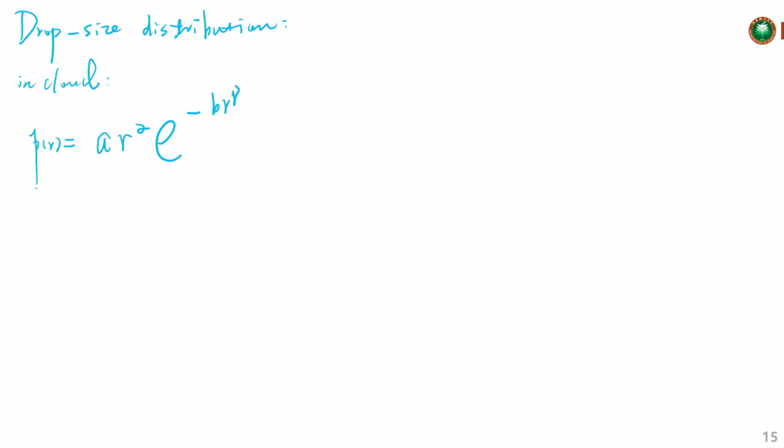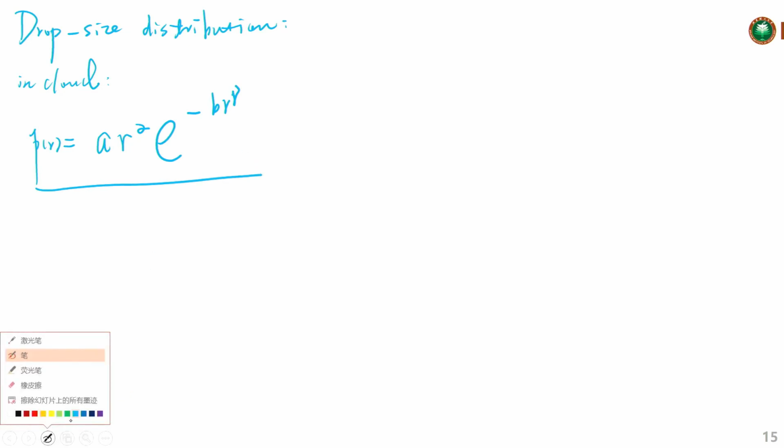When we look at the form of this equation, to do the fittings we like to use the power term and the exponential term, right? So this expression is just based on fitting to the measurements. It is just an empirical function or formula.